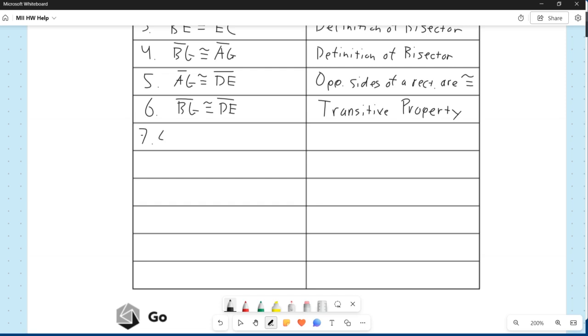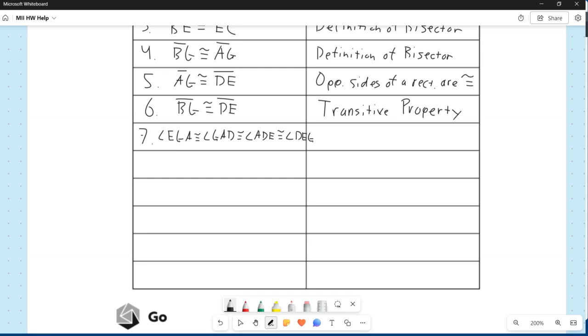So the angles of the rectangle are EGA, which is congruent to angle GAD, which is congruent to angle ADE, which is also congruent to angle DEG. All I've done here is I've just listed all 4 angles inside the rectangle. All right?